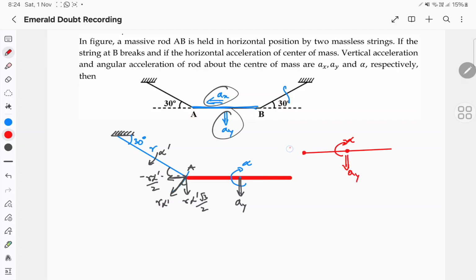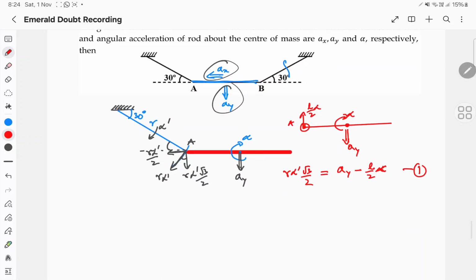So this point of the rod, which is point A, is going up with L by 2 times alpha, and the whole rod is going down with AY. So the downward acceleration of point A is AY minus L by 2 alpha, which is equal to R alpha dash root 3 by 2. So that's your equation number 1.